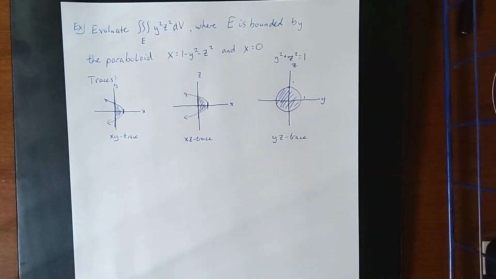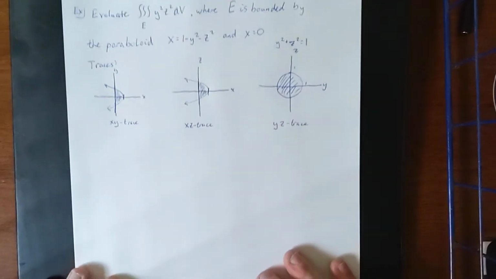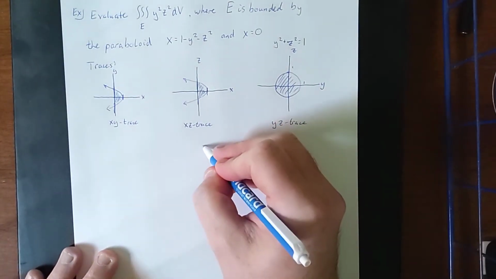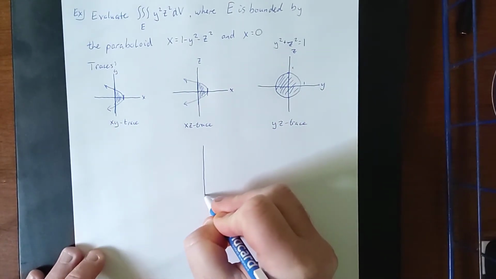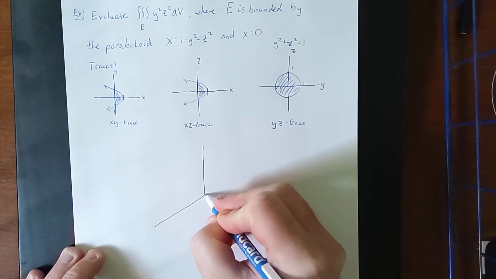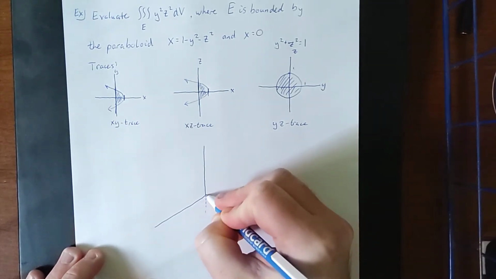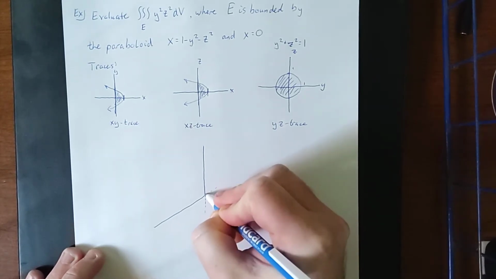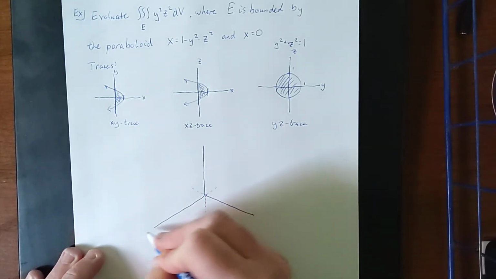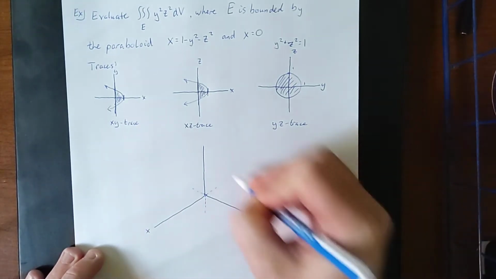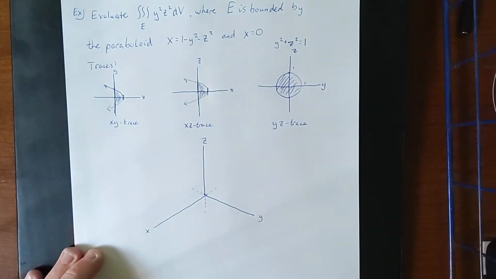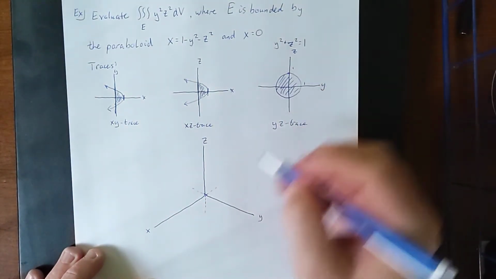Now, I'm going to do my best here, but we'll see how this actually goes. I'm going to try drawing this in 3 dimensions so that we can get a little bit better visualization as far as what's going on. So here's our x-axis, our y-axis, and our z-axis. What I'm going to do is try to draw this circle first.